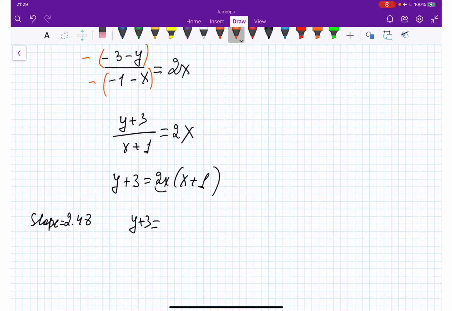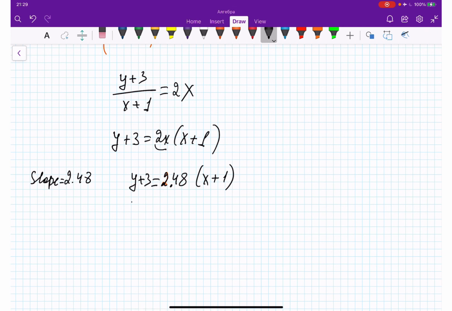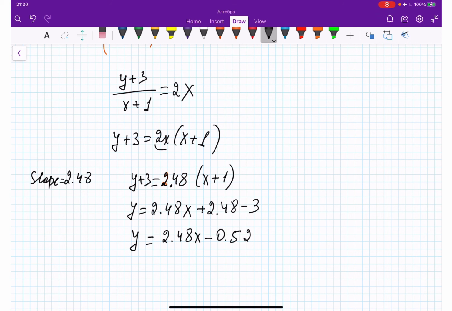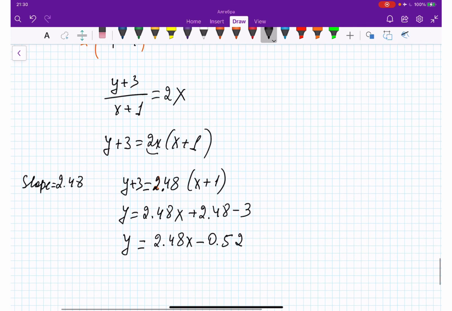So it's going to be 2.48 times x plus 1. And I'm going to get y is equal to 2.48x plus 2.48 and minus 3. So from here, y is equal to 2.48x minus 0.52.